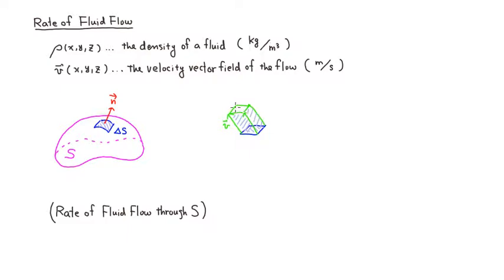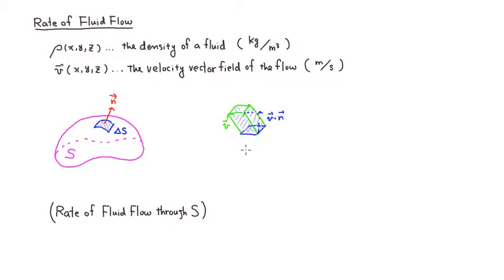To do that, all we have to do is find the height of this, so go straight up. This can be found by taking vector v and looking at the normal component. The normal vector is perpendicular to the surface. The normal component of that gives you the height.